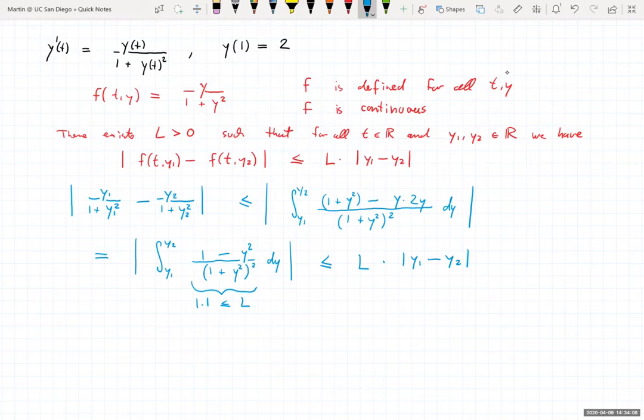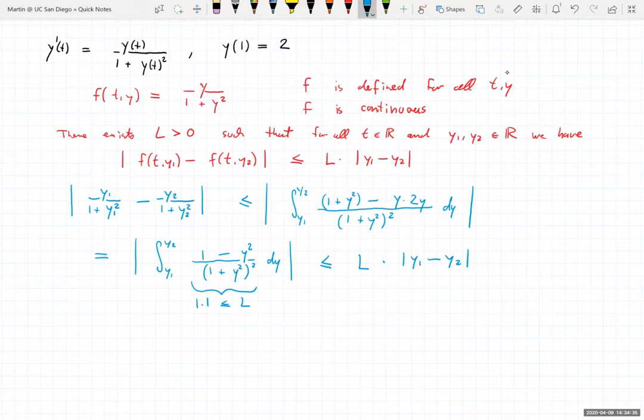So as y has a very large magnitude, this fraction is going to converge to 0. So there's some threshold where the numerator stays smaller than the denominator. Outside the threshold, this fraction will be smaller than 1.